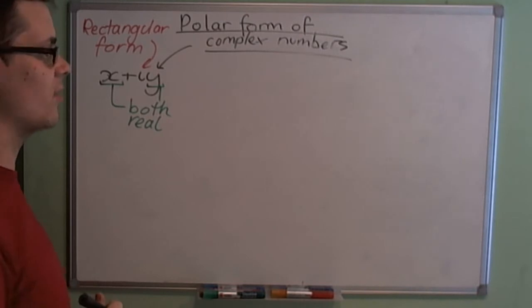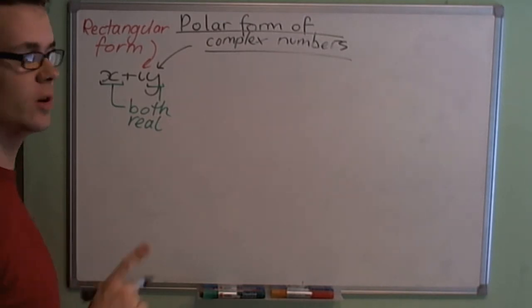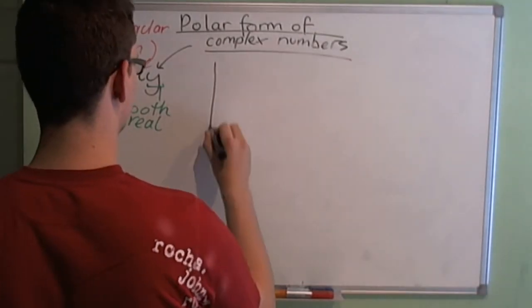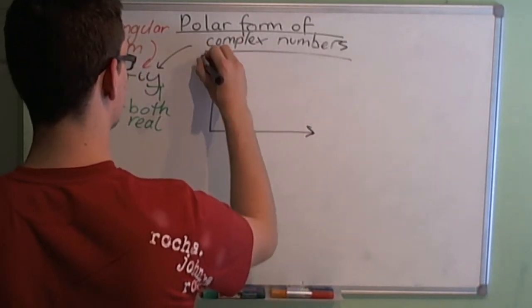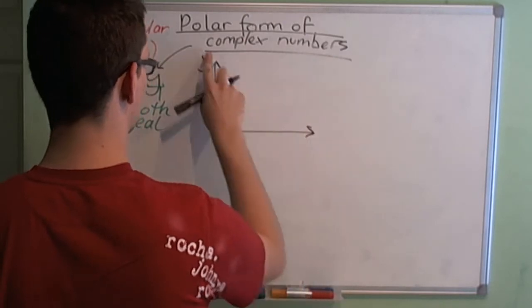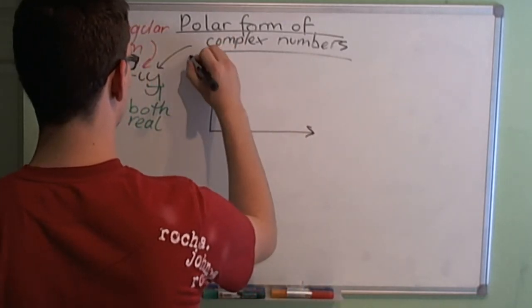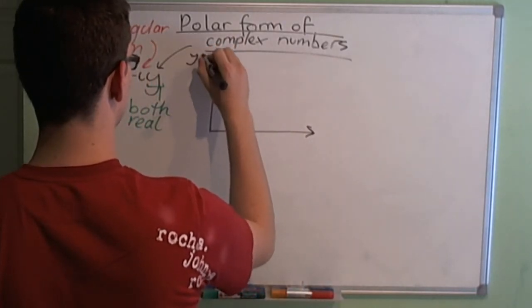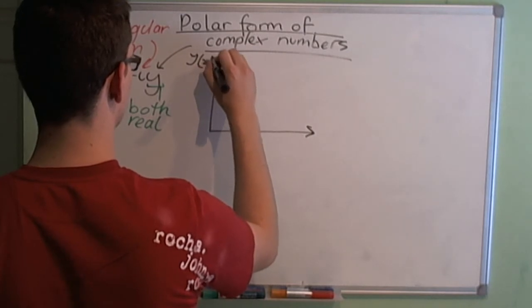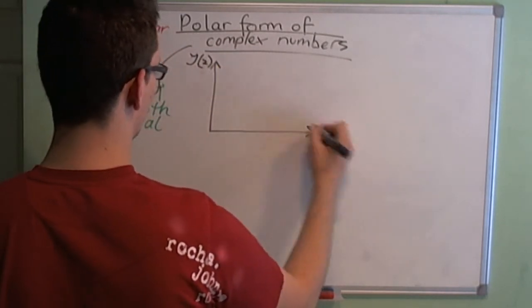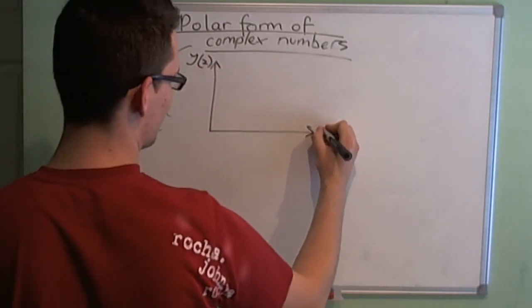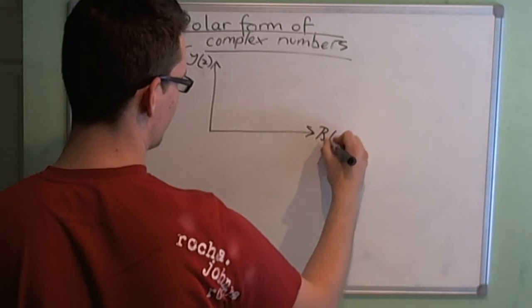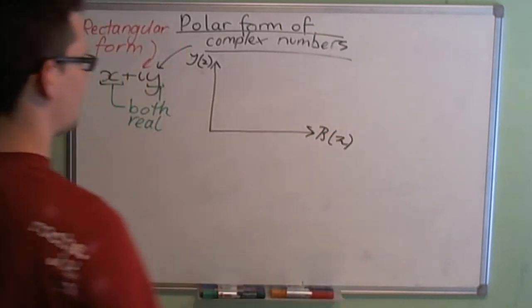To think about it geometrically, let me draw a diagram. Okay, this axis is the imaginary part, and this axis here is the real part of any complex number z.